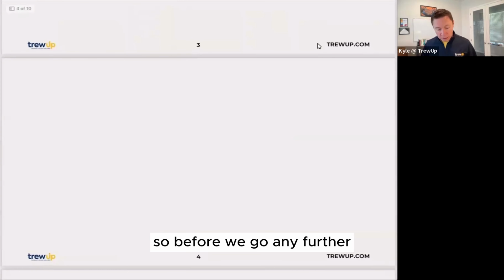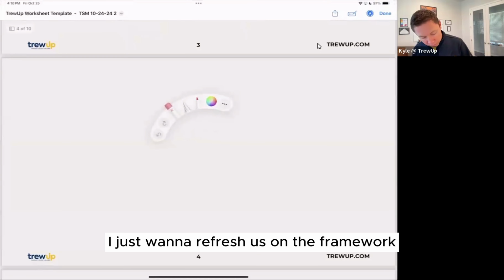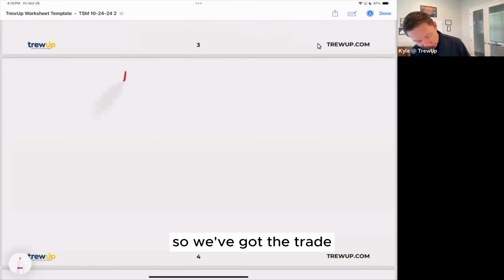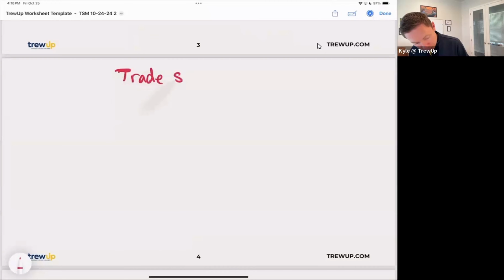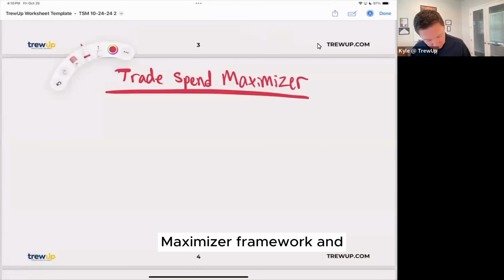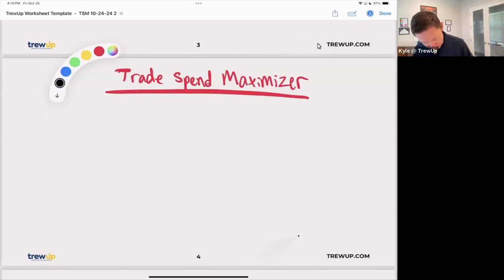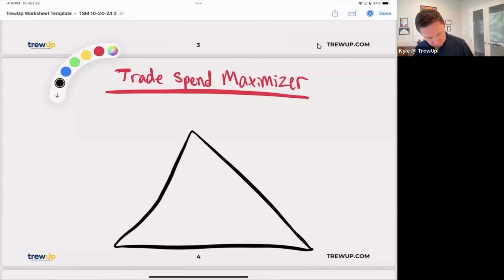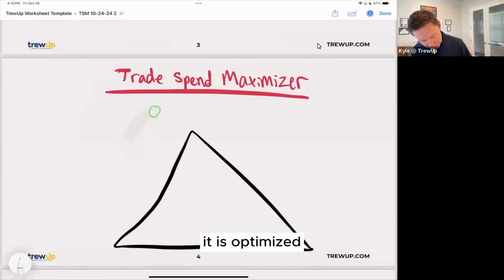So before we go any further, I just want to refresh us on the framework. So we've got the Trade Spend Maximizer framework, and it is optimize.